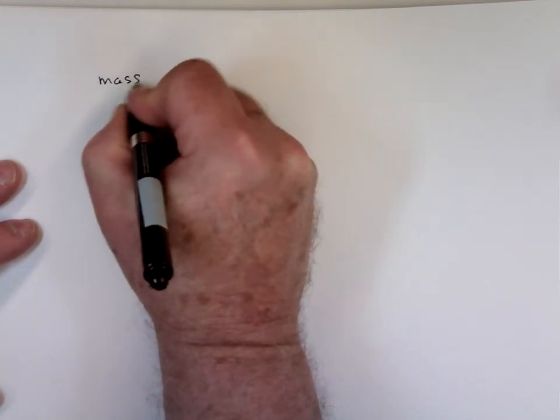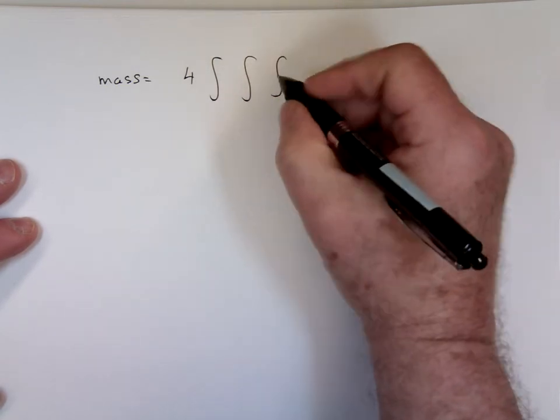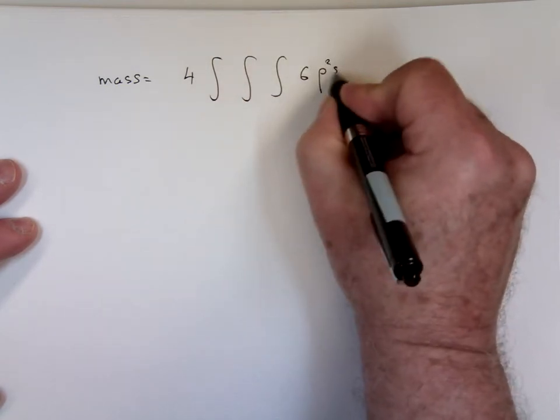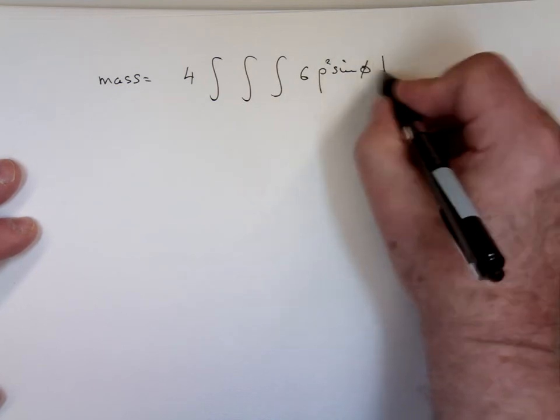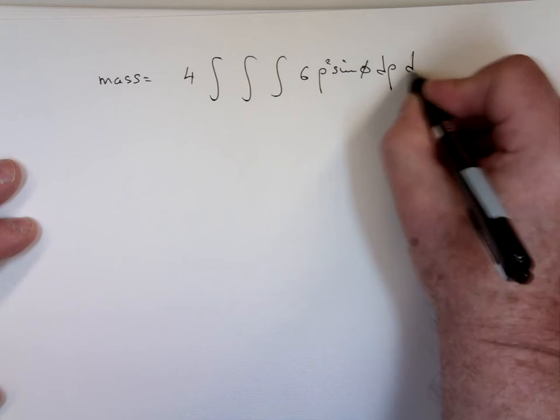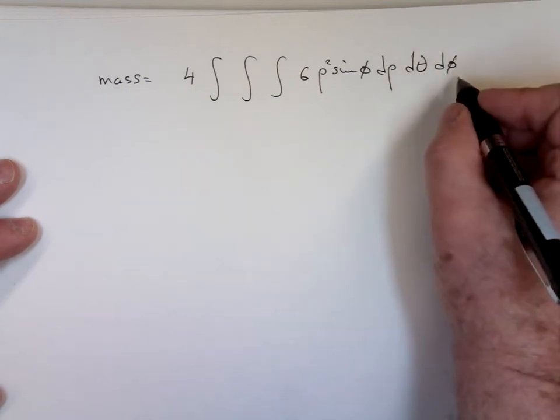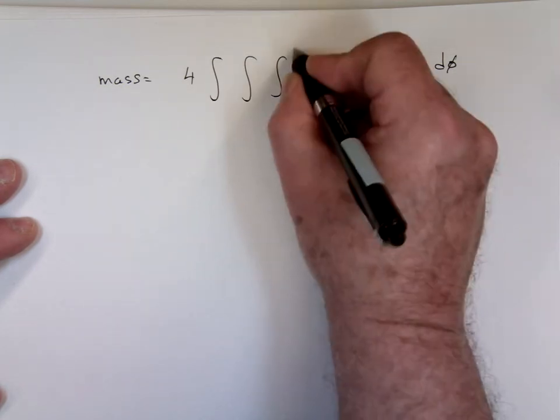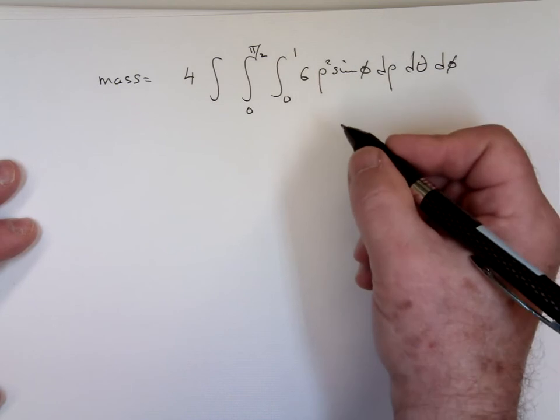We have 4 times that triple integral of 6 rho squared sine phi d rho d theta d phi, with rho from 0 to 1, theta from 0 to pi over 2, and phi from 0 to pi over 2.